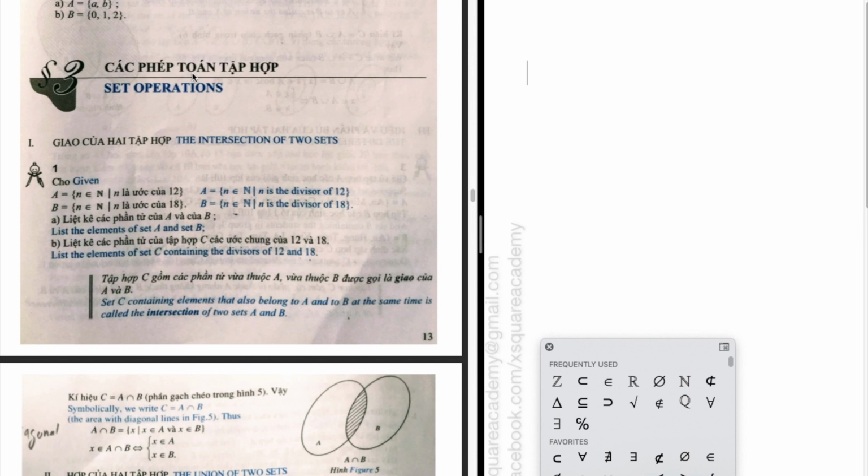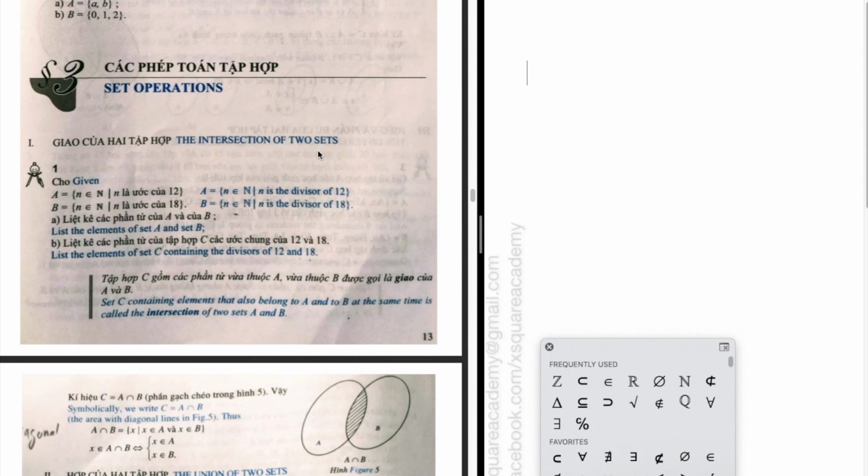The first part is about the intersection of two sets. I'm sure you meet the word intersection every day. For example, an intersection is where two or more roads meet or cross. Intersection is the common thing.